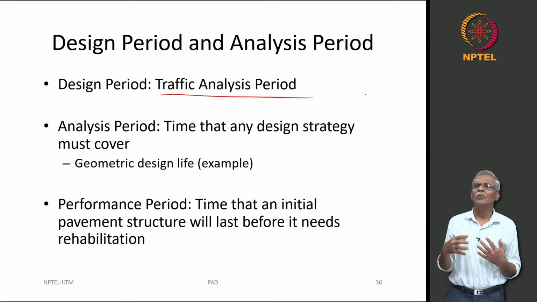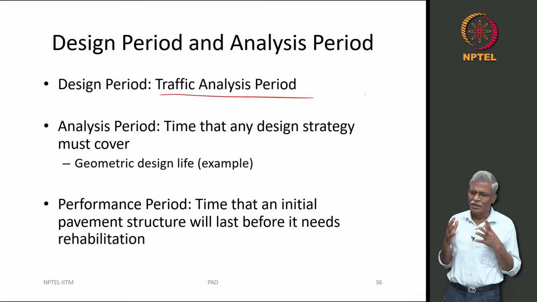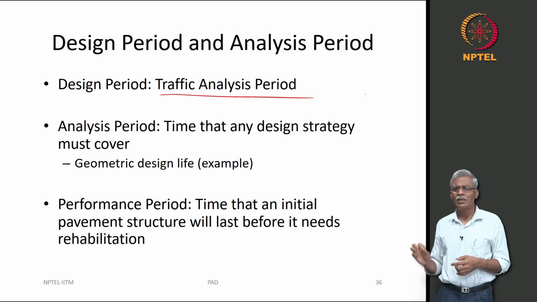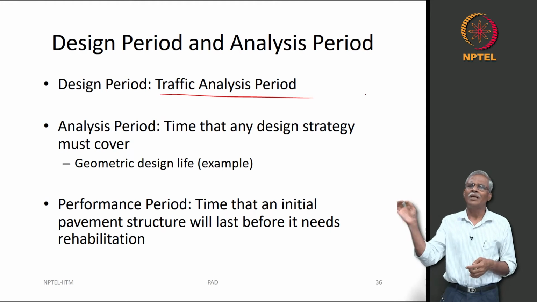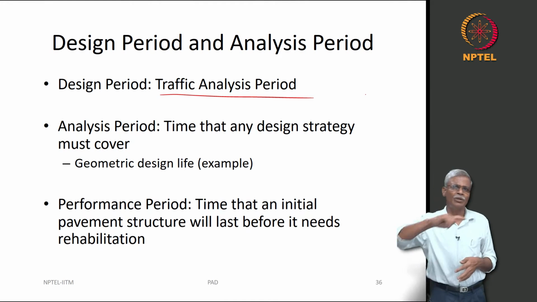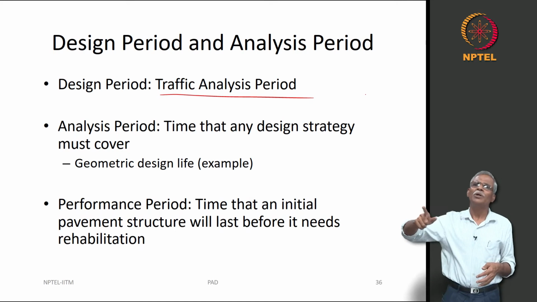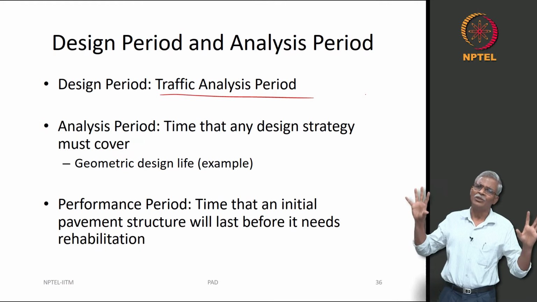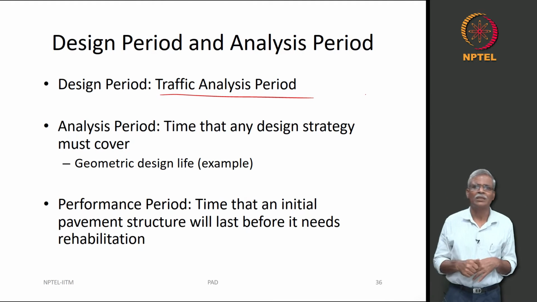So, let us say you have constructed a highway and carried out the geometric design for, let us say, 80 km/h speed. So, that means your radius, your super elevation, everything has been taken care of as far as this 80 kilometers speed is concerned.